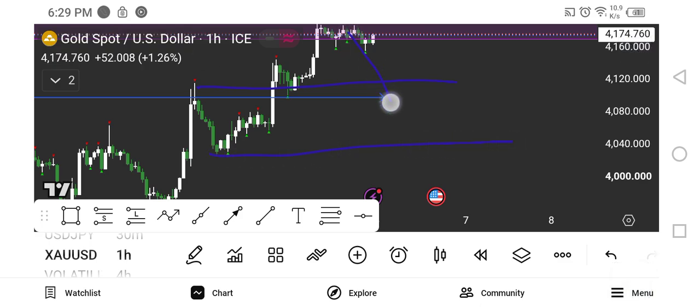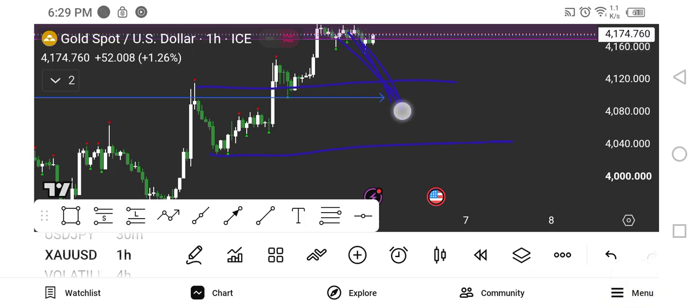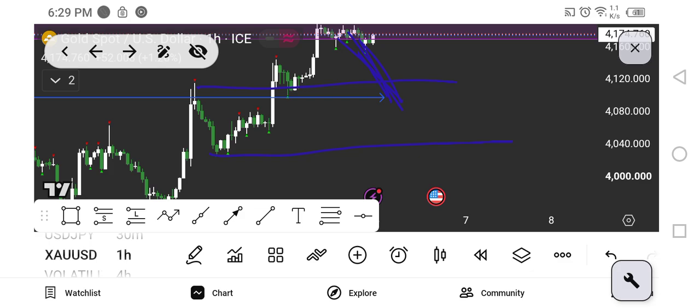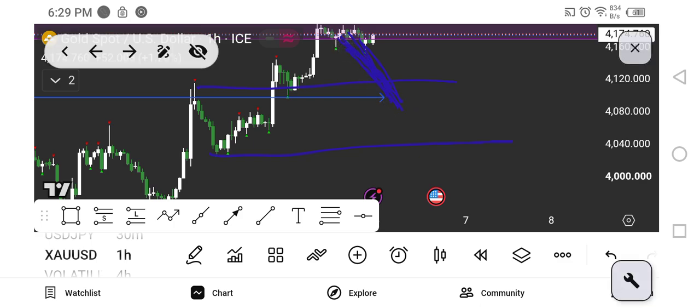So if price gets to that zone on the hourly time frame, we would go down to the 5 minutes time frame, and on this hourly retracement, the 5 minutes time frame is expected to be bearish.